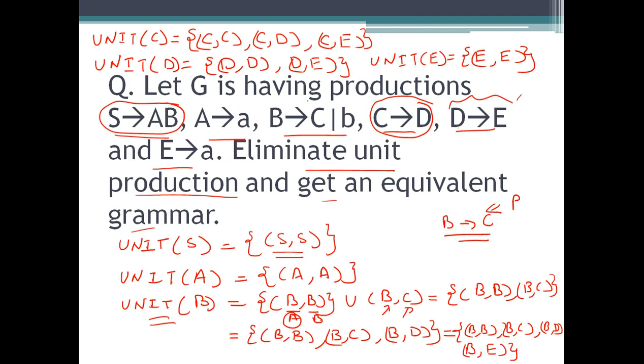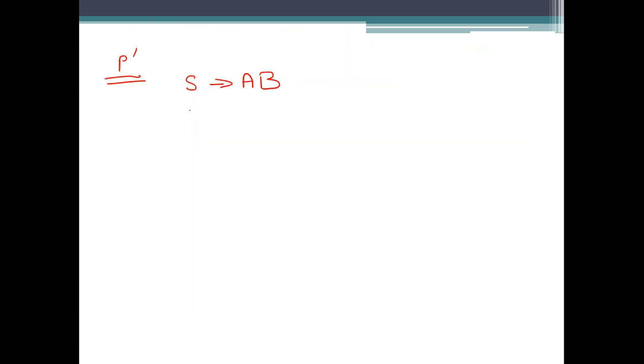So P prime will contain S is rewritten as AB. Now unit of A contains A, A, so this production is going to be written: A is rewritten as A will be in the set P prime.